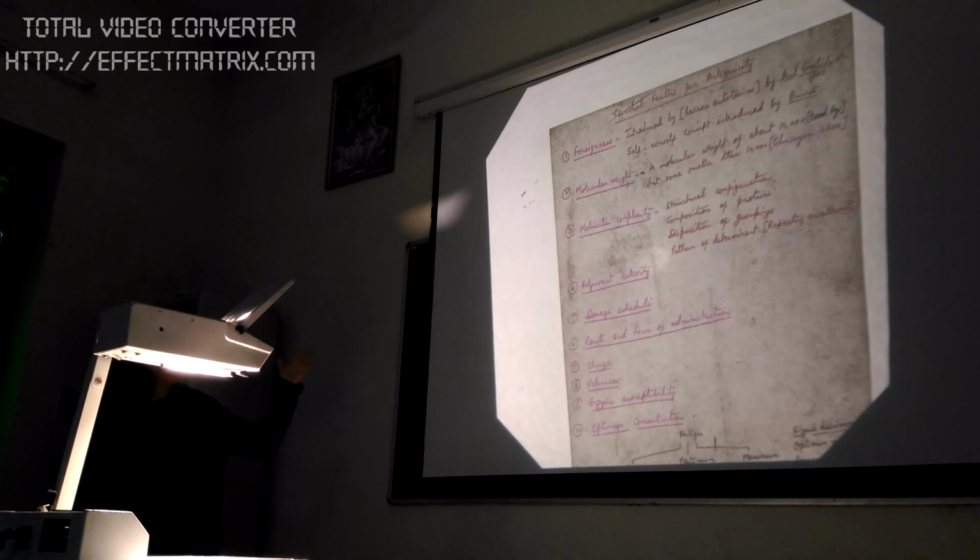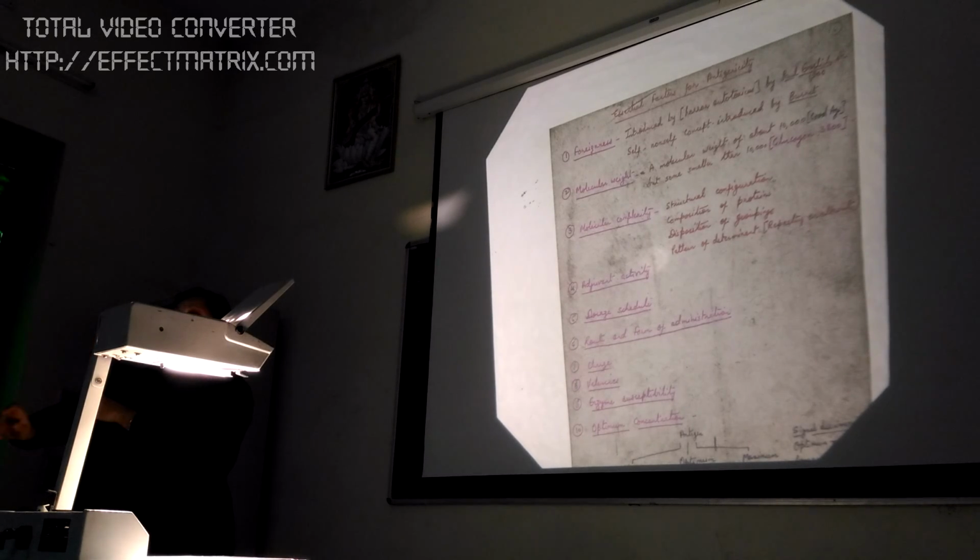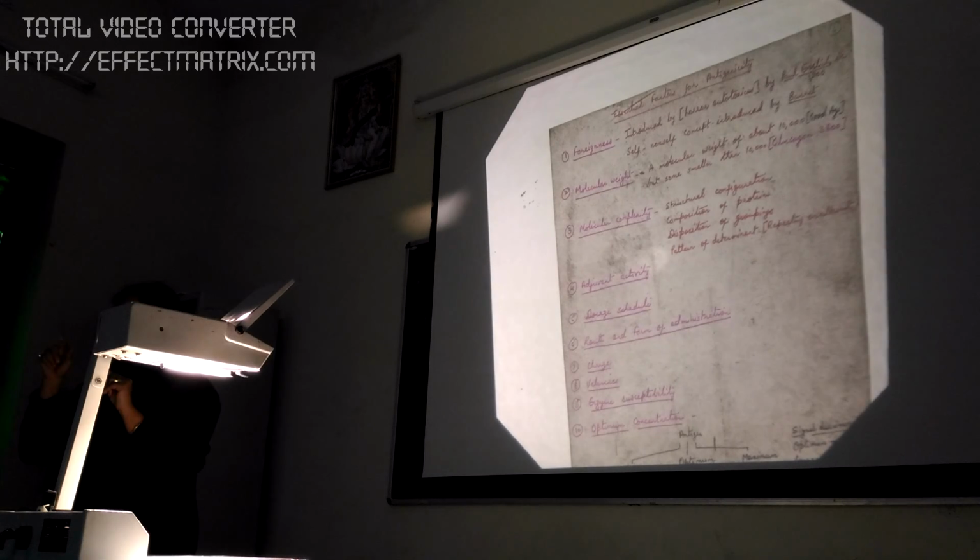Now dosage schedule is very, very important. Suppose you are planning a nice in vivo experiment where you want to inject the antigen. Suppose you want to take an immunosuppressed animal, so first you inject cortisone, and after 72 hours of injecting cortisone, you can schedule your dosage.